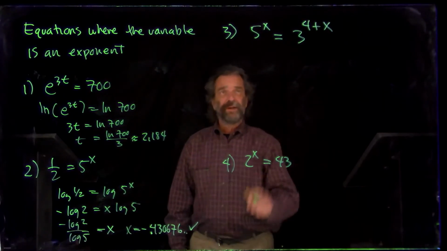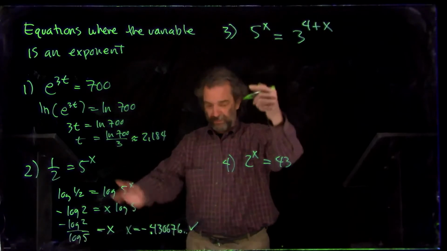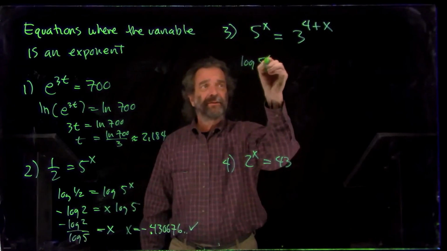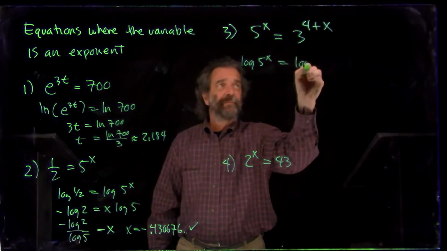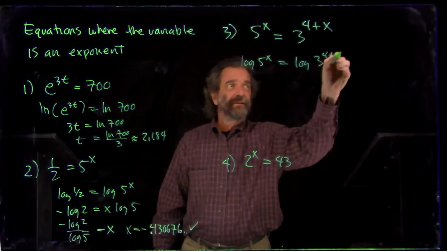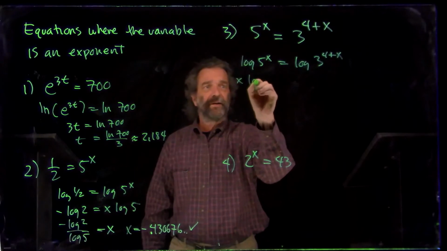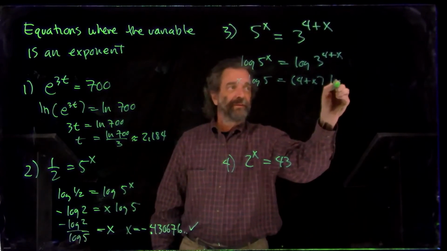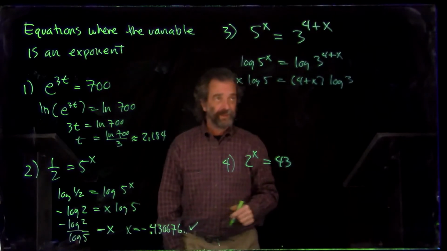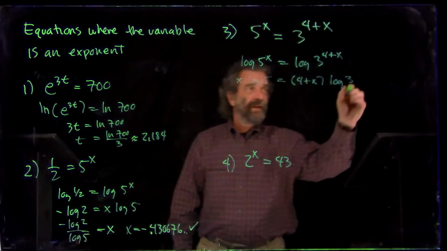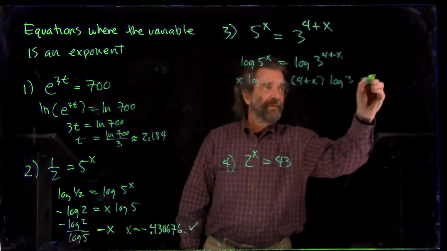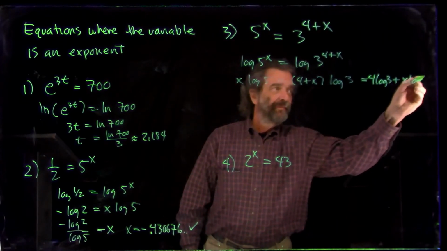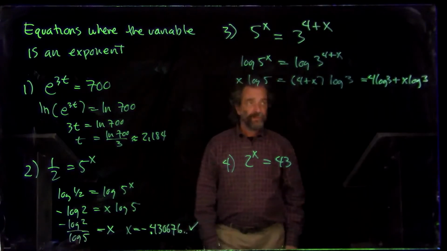Let's go ahead and solve this thing here. Here, we can just use base 10 logs again. Log 5 to the x, log 3 to the 4 plus x. So it's x log 5 is (4 plus x) log 3. Okay, and that is 4 log 3 plus x log 3. Why did I expand it out?